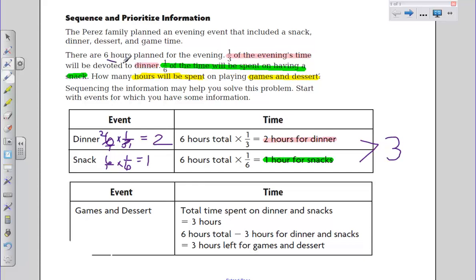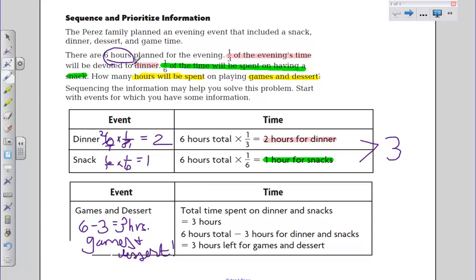So I start with how much total time? 6 hours total time. And I know that 3 hours are spent on dinner and snack. So that means that there's going to be 3 hours left for games and dessert.